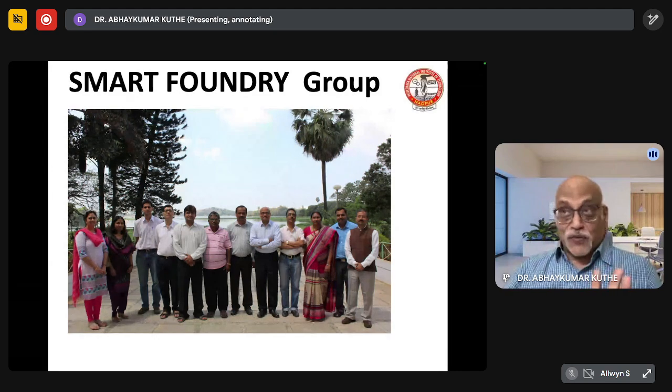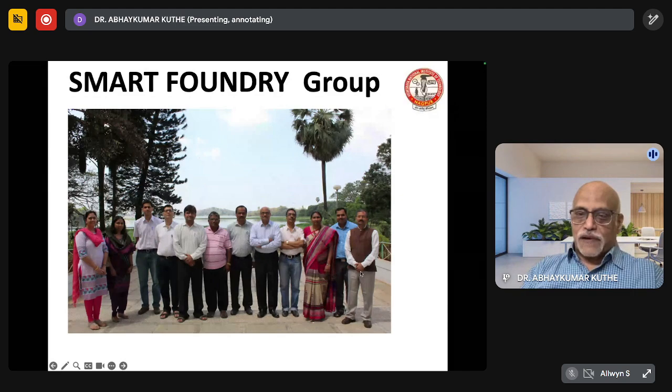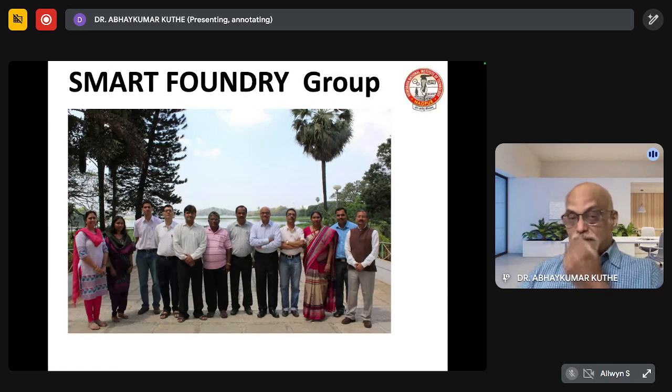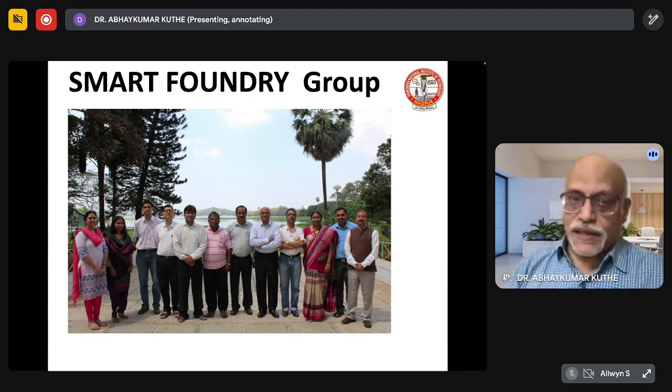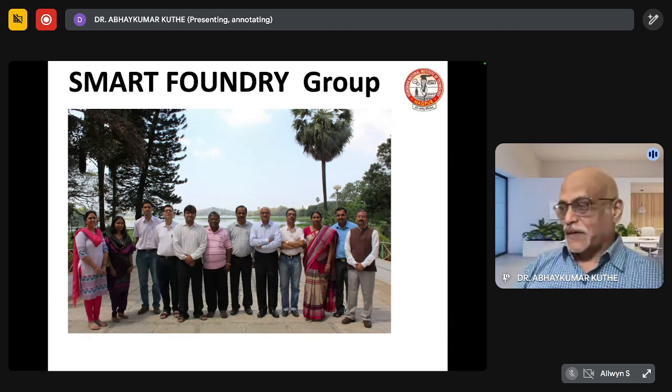Now, smart is not the English word there, but I'll show you the long form of that soon. But I'm happy to tell you that at this end, where you can see my cursor, Professor B. Ravi of IIT Bombay is the person who has actually developed this particular concept. And he asked all of us to come together and develop this concept of smart foundry.